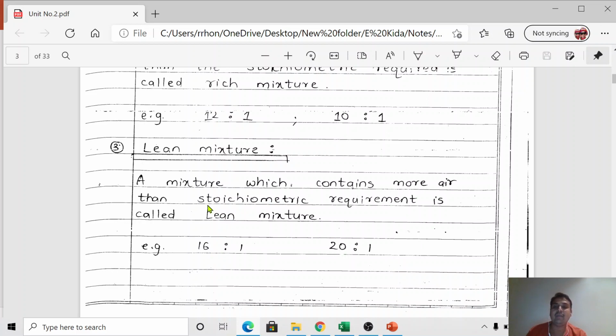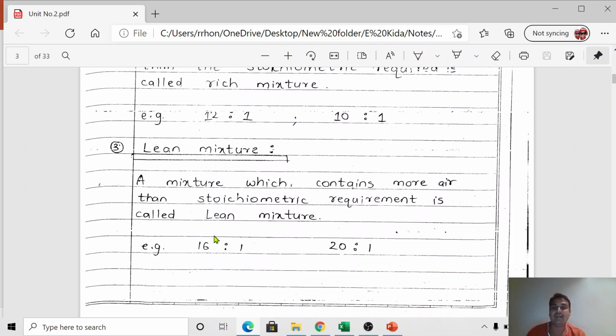At that time the mixture supplied by the carburetor will be a lean mixture, where the amount of air is more, with no change in the amount of fuel.